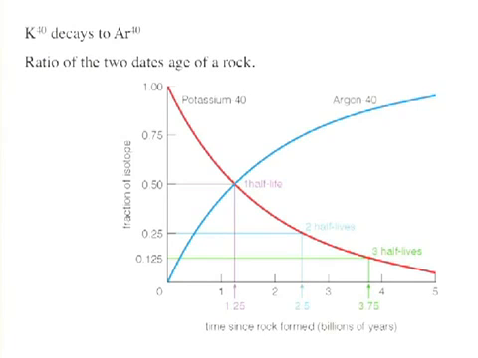The fraction is 1 at the beginning, and after 1 half-life, it's a half. 2 half-lives, it's a quarter. 3 half-lives, it's an eighth, etc. And so you can compare the ratio of argon-40 to potassium-40, and from that ratio, learn something about the age of that rock. You try.